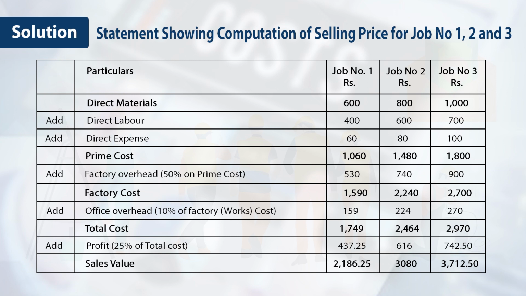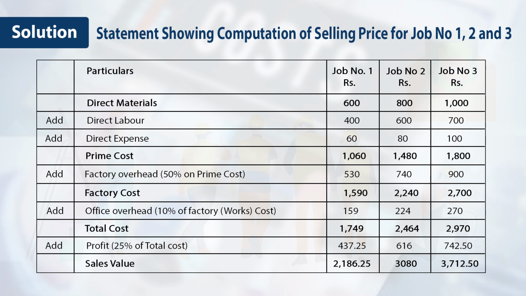Then in that add direct labor for job number 1 400, for 2 it is 600 and for 3 it is 700. In that add direct expenses for job number 1 60, for job number 2 80 and for job number 3 100, making prime cost total for job number 1 1060, for job number 2 1480 and for job number 3 1800.